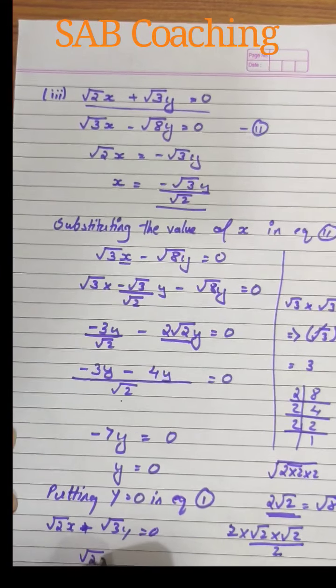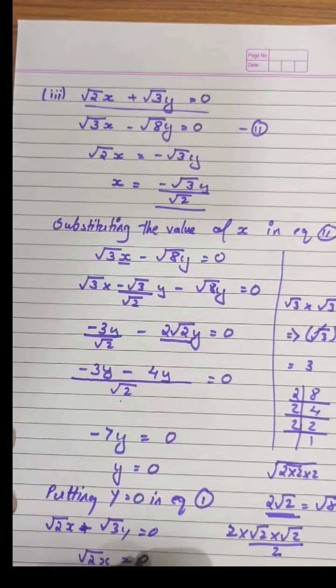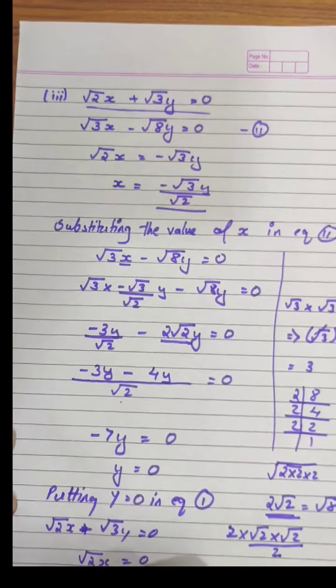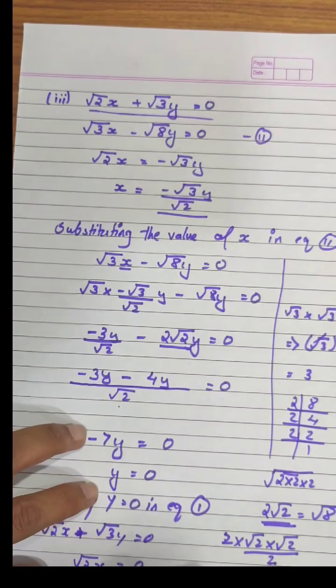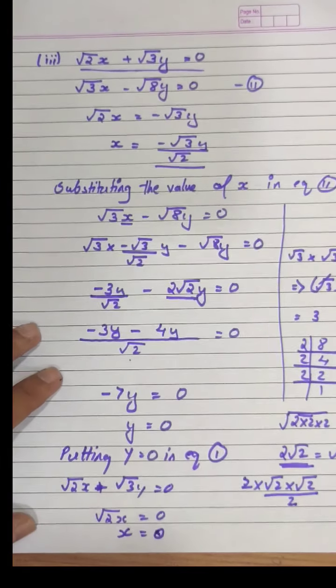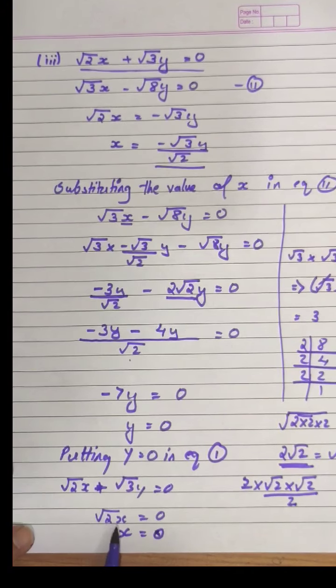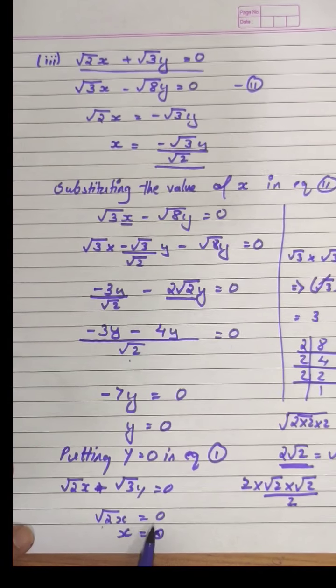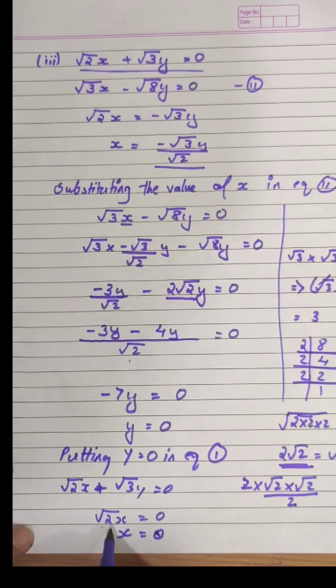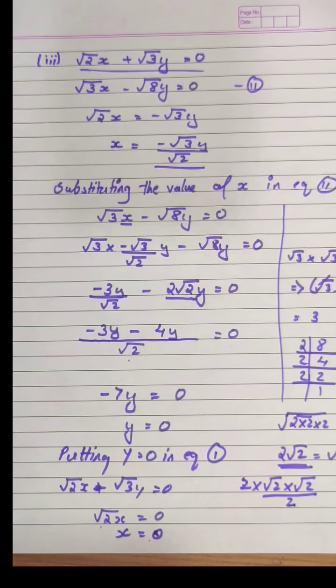So root 2x is equal to 0, and from here the x value is going to be 0 once again. So what will your x value be? It will be 0 only. Is that clear? So root 2x is equal to 0 and x is equal to 0, because root 2 when going to the right hand side will divide 0, and that is not possible, so the x value will be 0. So from here x is also 0 and y that you have calculated is also 0.